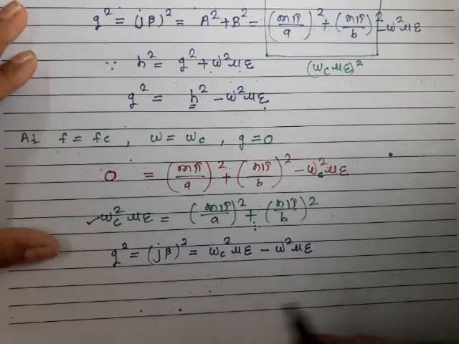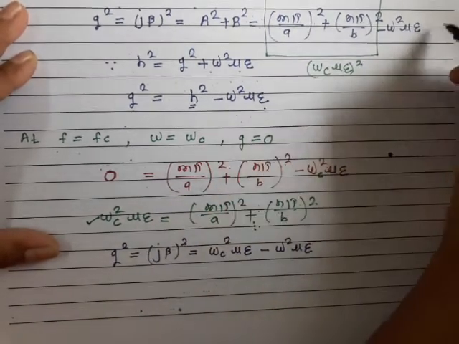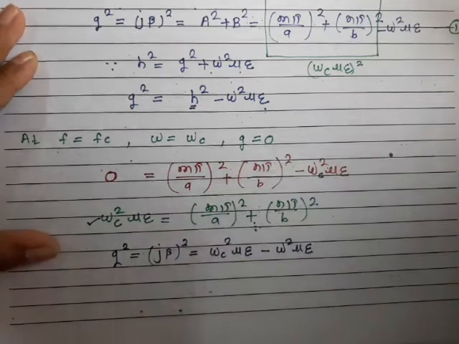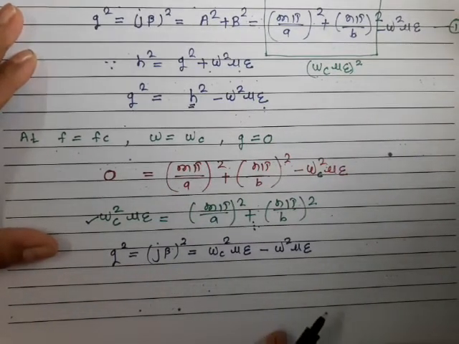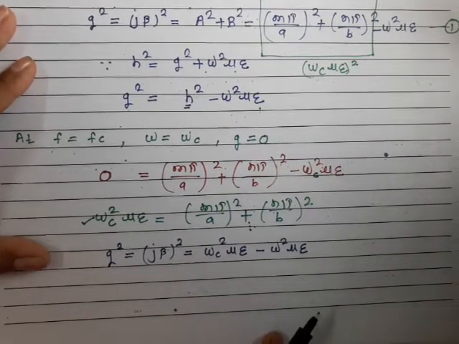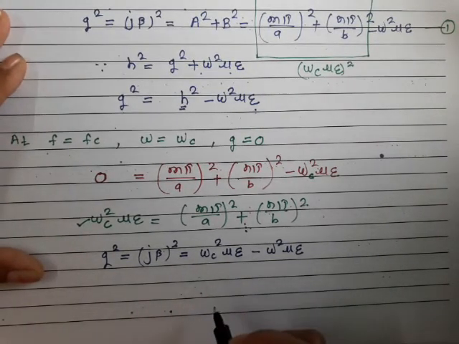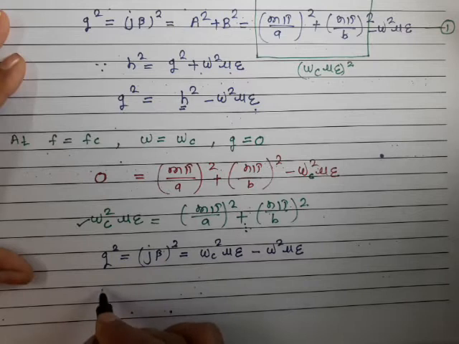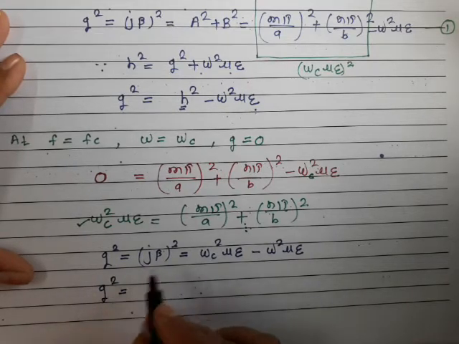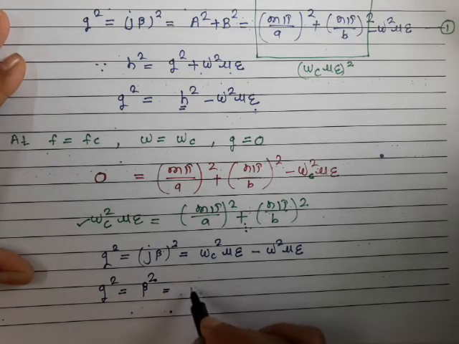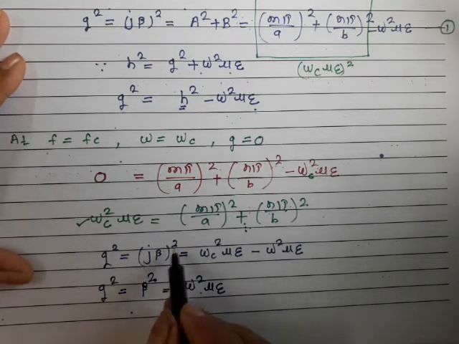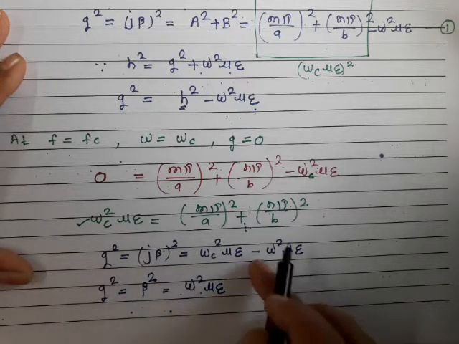Here I have used equation number 1 and put in the conditions. So beta square is equal to omega square mu epsilon minus omega c square mu epsilon; since j square is minus 1, minus minus becomes plus.